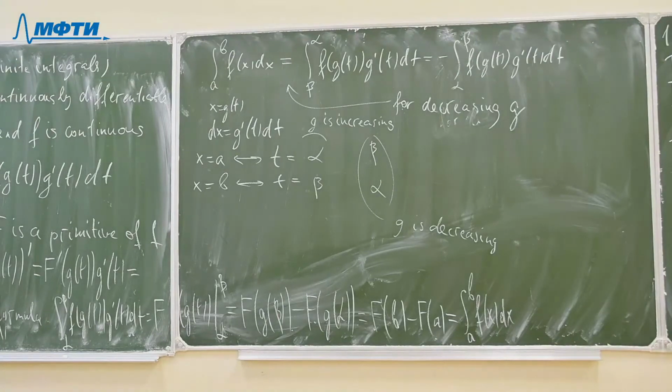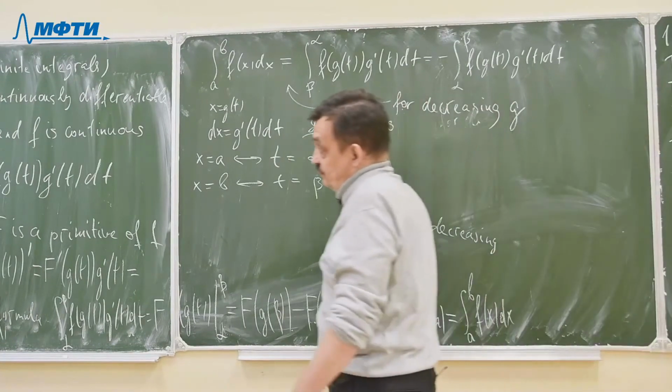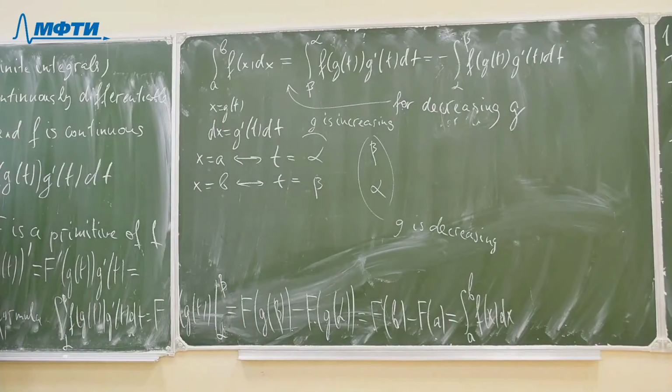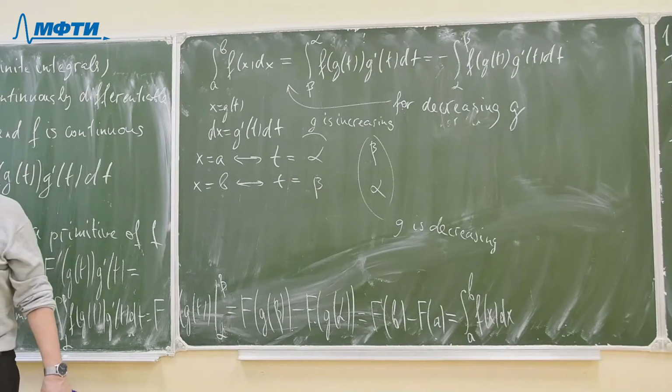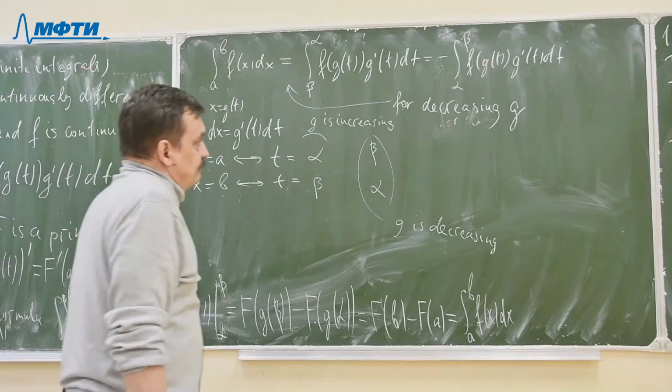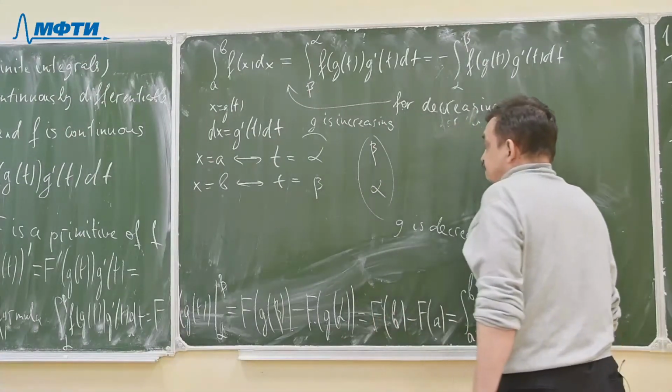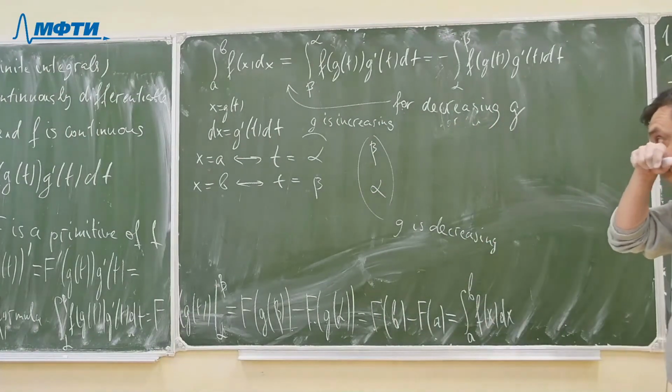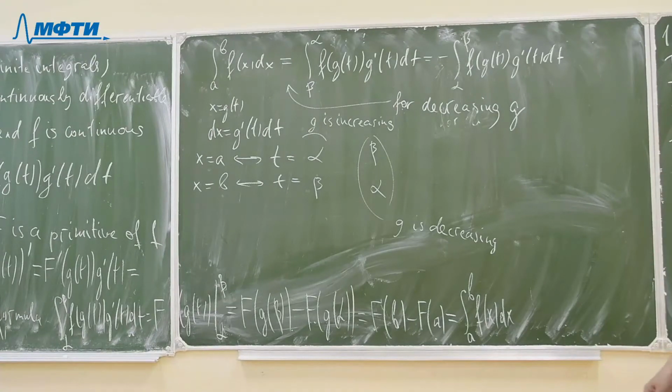So for decreasing functions, we should put a minus if we want to preserve the order. I mean, alpha should be less than beta. That is for decreasing functions.